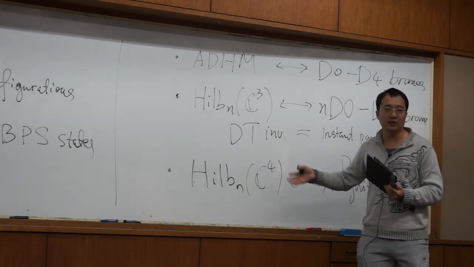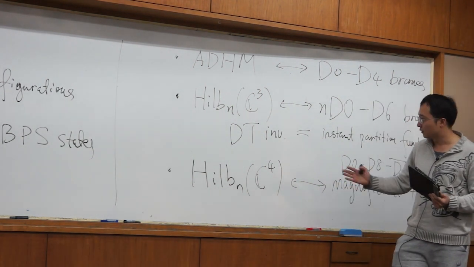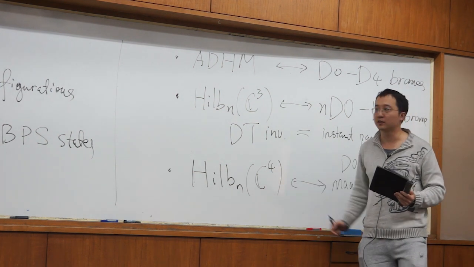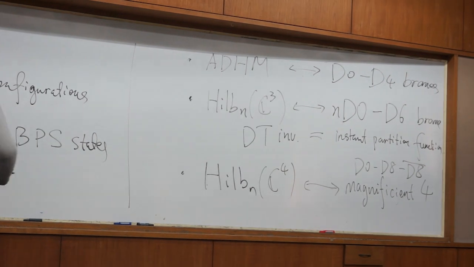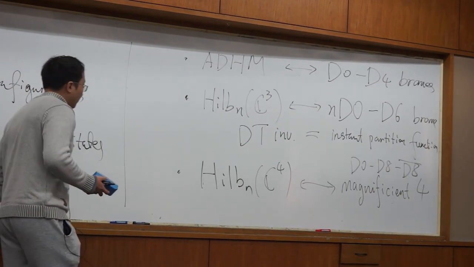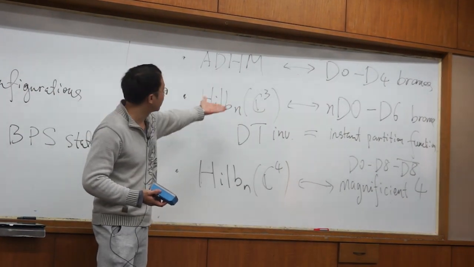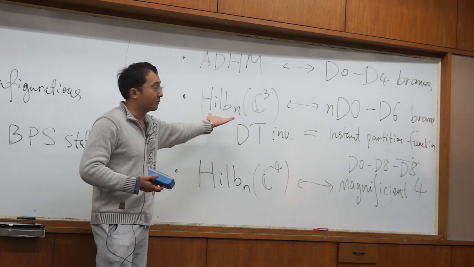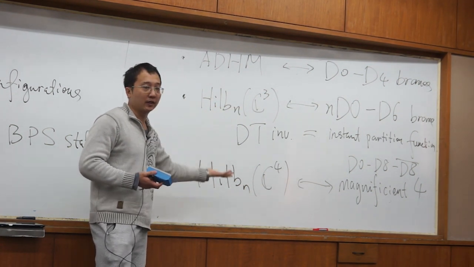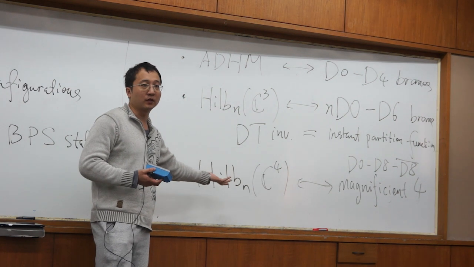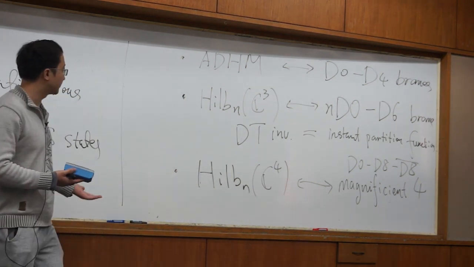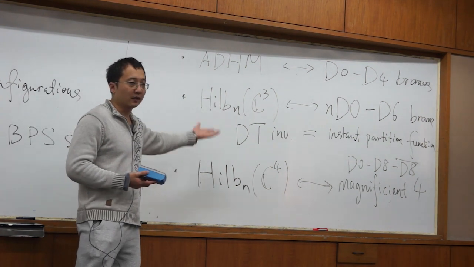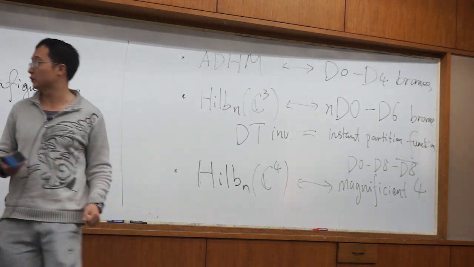So it's a three-dimensional singular variety, but lives in C4. It is a sort of interpolating situation between the Hilbert scheme of points on C3 and on C4, and you will see from our results that indeed it interpolates between these two.